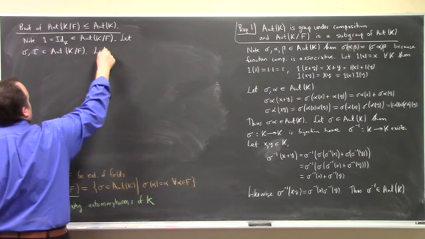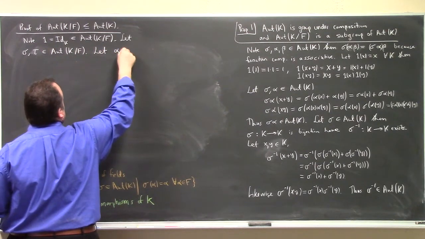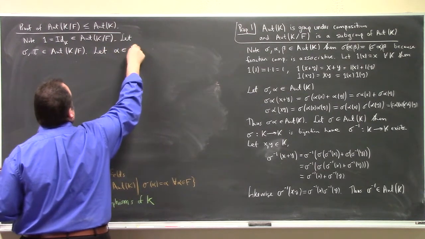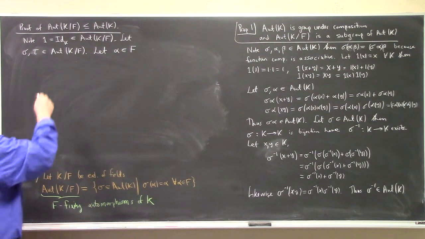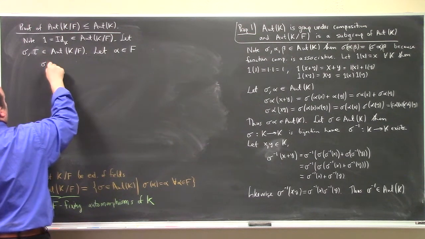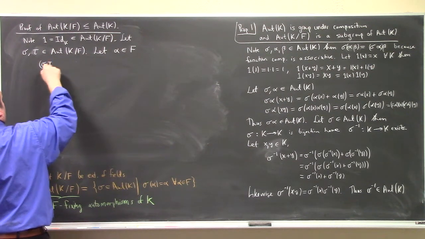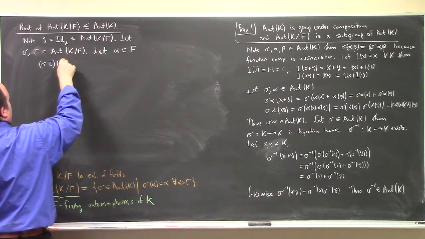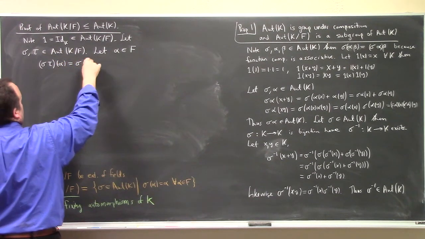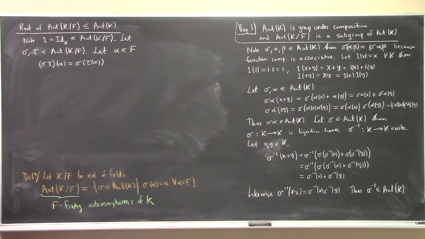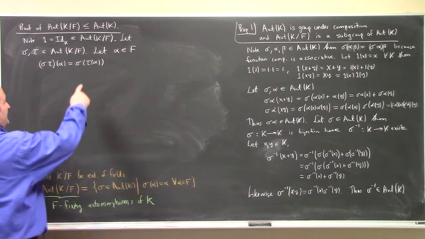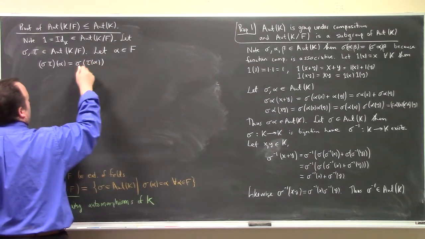And let's let alpha be an element of F, right? Check this out. So if I have sigma tau, that element, acting on alpha, what happens? We get sigma of tau of alpha, right? I'm putting parentheses in just because we're used to parentheses, but he might omit them. Anyway, the point is tau alpha is just alpha, right?